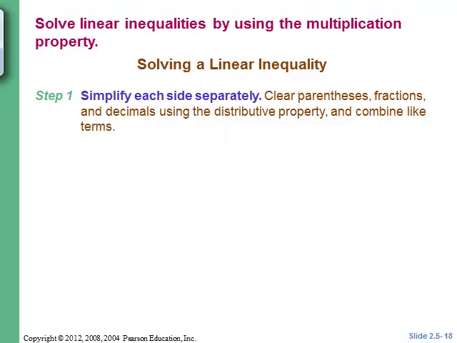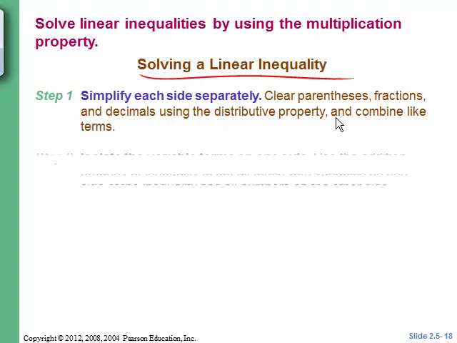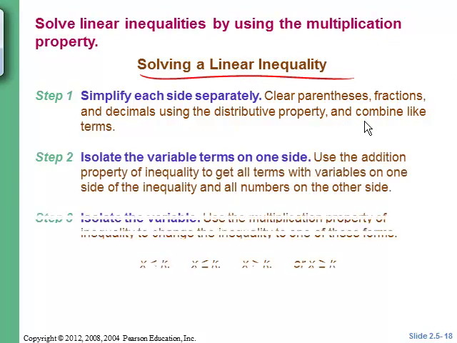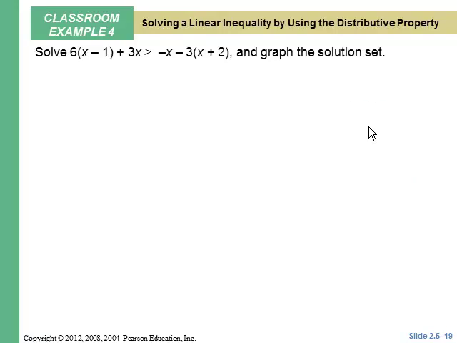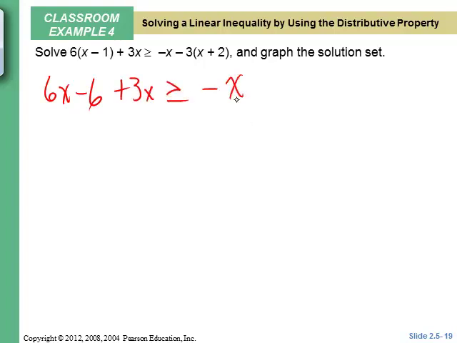So first of all, to solve linear inequalities, we simplify them. We isolate the variables on one side, and then we solve it. Now sometimes we'll have the distributive property. Multiply the 6 out, we get 6x minus 6 plus 3x is greater than or equal to -x minus 3x minus 6, right?